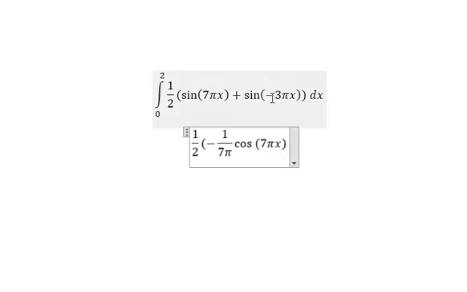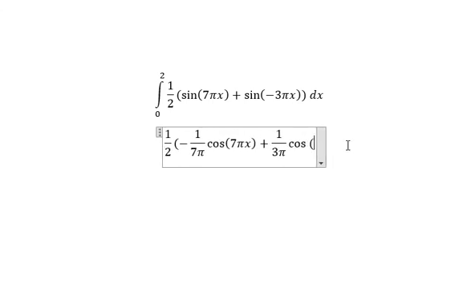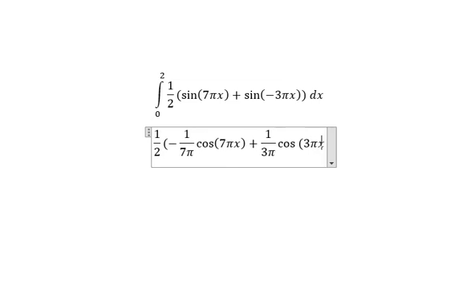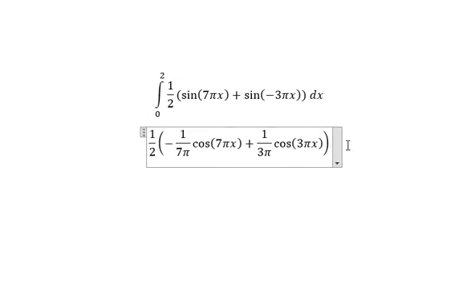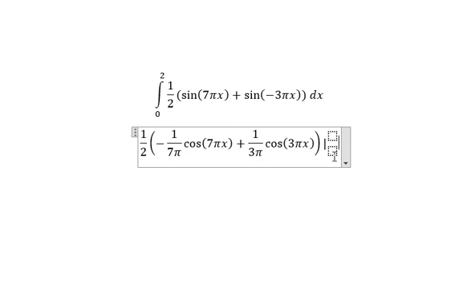The integration of this one, we have positive 1 over 3π cosine 3πs. And we put the bounds because we need to divide by the coefficient of this one. The integration of sine, you got negative cosine. That's why we need to change the sign of this one in here. And now we put the bounds from 0 to number 2.